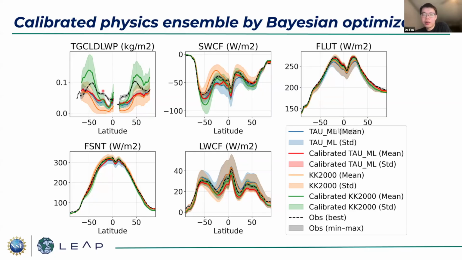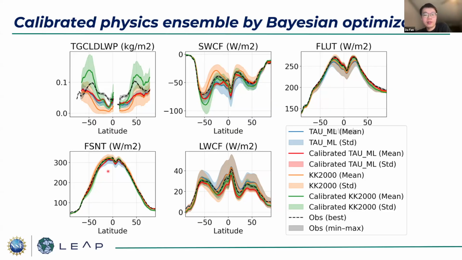So after the calibration, we see clear improvements for both KK and tau ML. In general, there are better liquid water paths in the southern hemisphere, and you can see improvements in the tropics for the shortwave cloud forcing and nearly perfect upward longwave flux after the calibration.